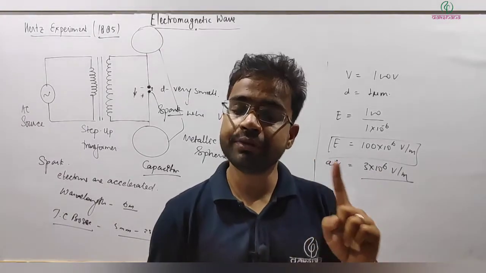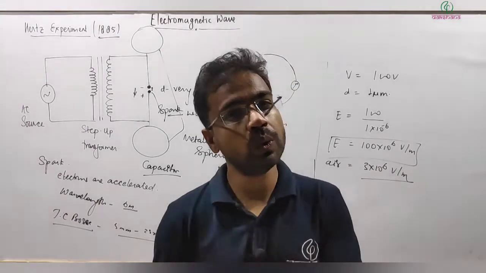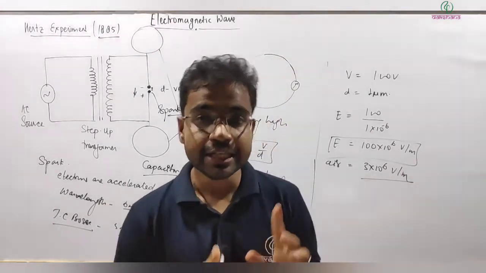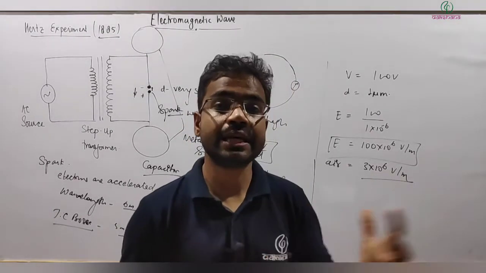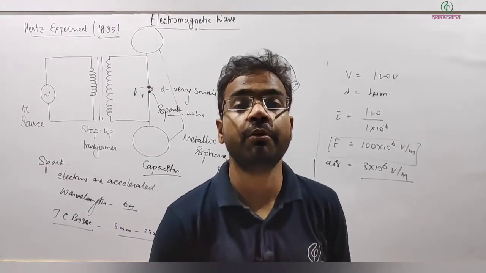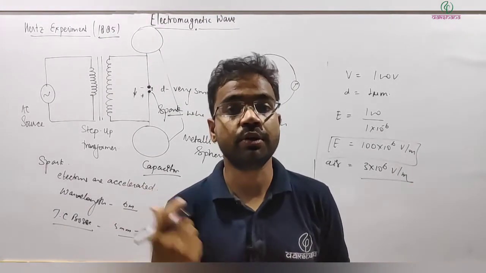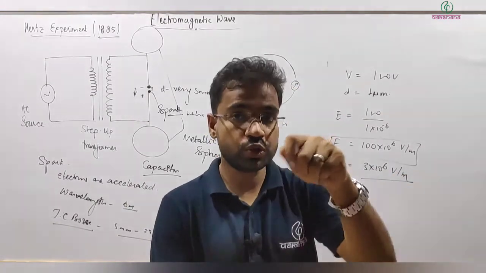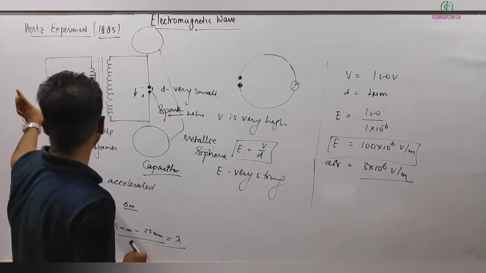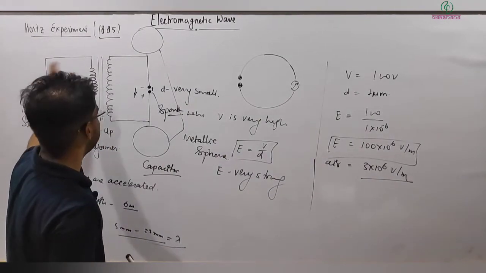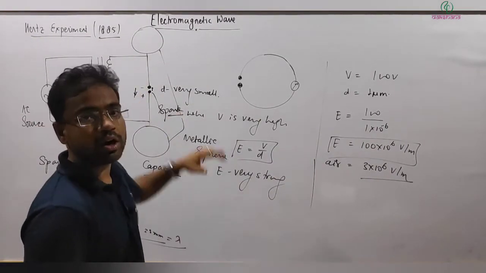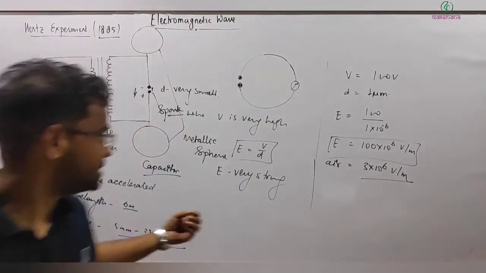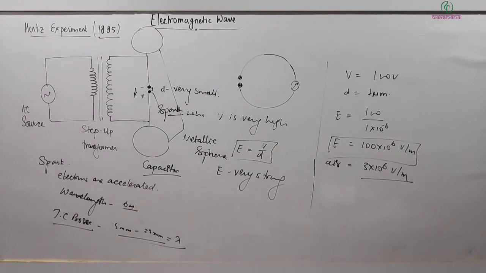The frequency of EM waves generated is equal to the frequency of the oscillating charged particle, and the energy ultimately transferred in the form of electromagnetic wave comes from the source, which is supplying energy that results in oscillating or accelerating charged particles. So these are a few points, let me write them so it will be better.